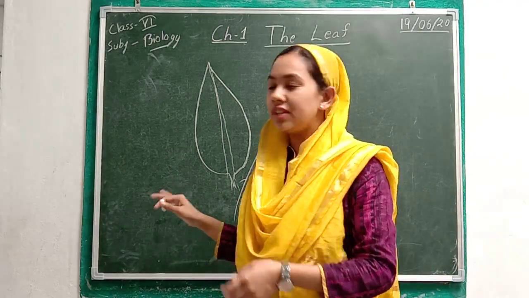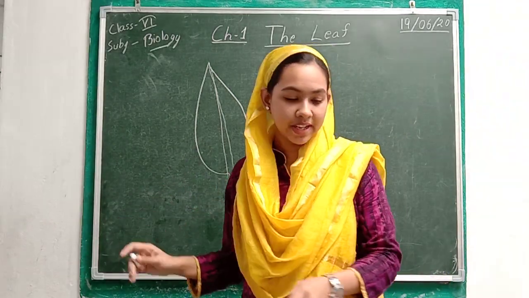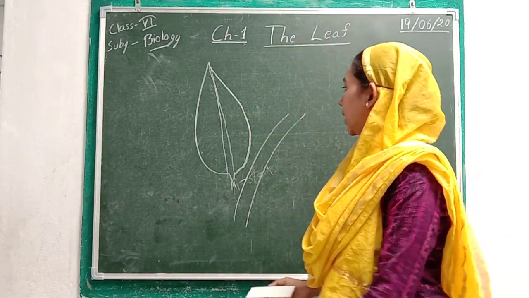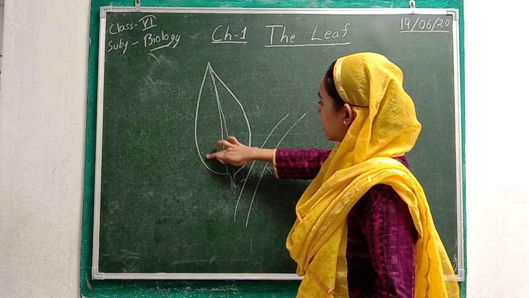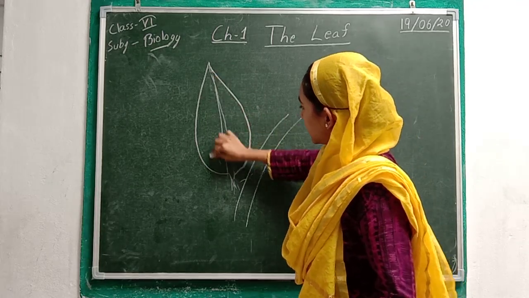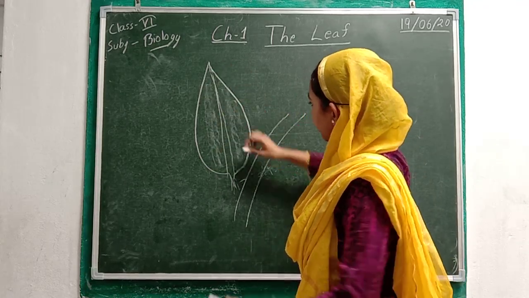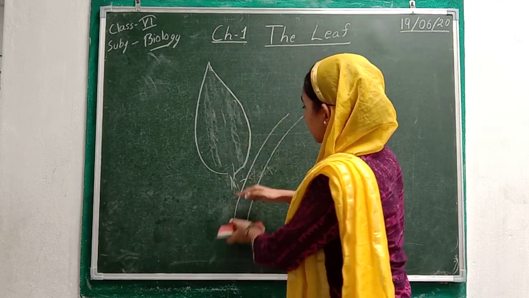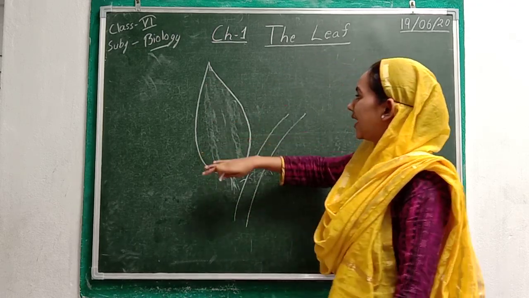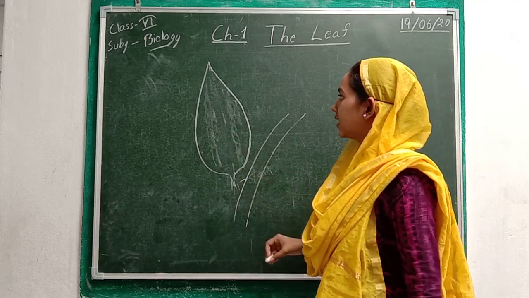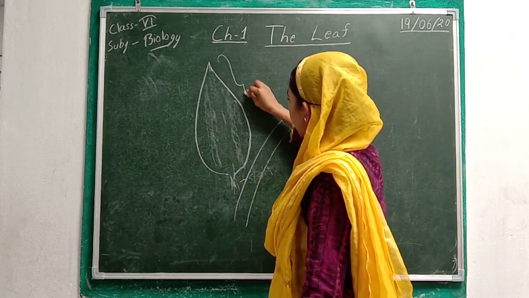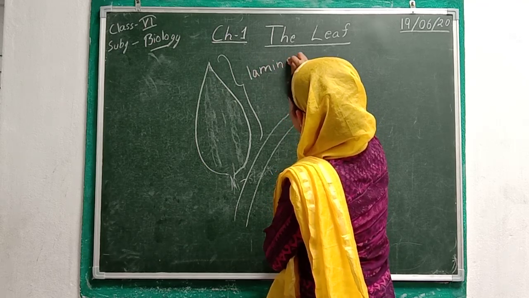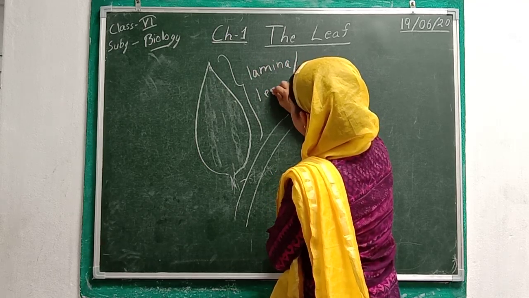Now this leaf has many different parts and we are going to talk about that also. So let's just look at them one by one. If you see this entire structure here, this entire flat thing here, which is broad and green in color, this part can be called the lamina or the leaf blade.